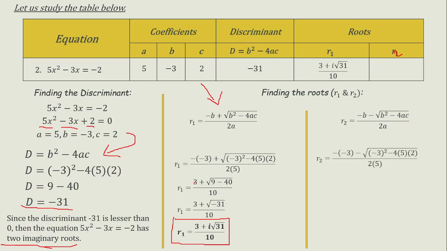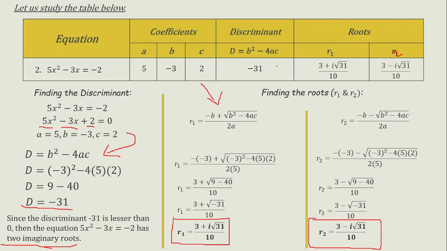Then r2 is equals to 3 minus the square root of negative 31 divided by 10. So it will become r2 is equals to 3 minus i square root of 31 divided by 10. So this is the second root. So it is true that the roots are imaginary, both imaginary numbers.